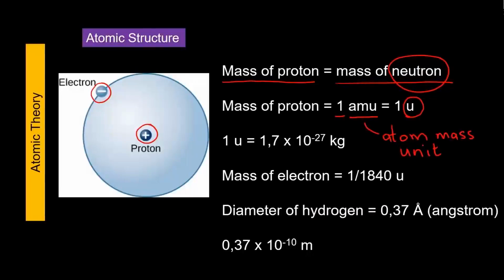Later on, when they really looked at the precision, the detail around this, they discovered that 1 unit, in other words, the 1 atomic mass unit, that's the mass of one proton, was 1,7 times 10 to the minus 27 kilograms. That is extremely small. The mass of an electron was even smaller, way, way smaller. And you can see this is 1 over 1,840 atomic mass units.